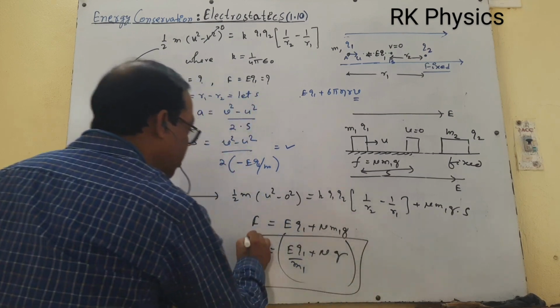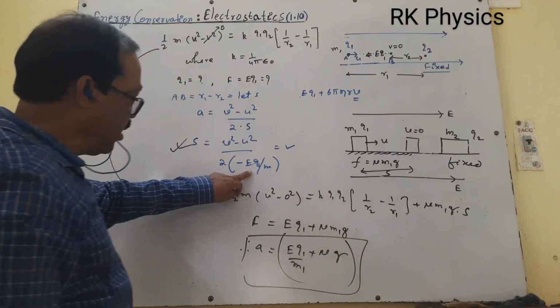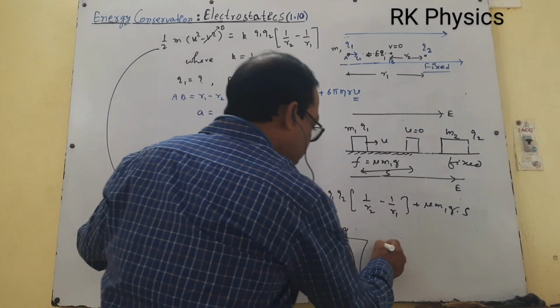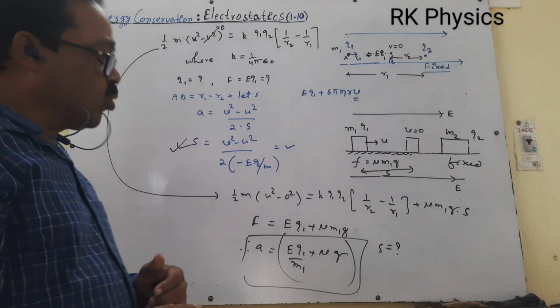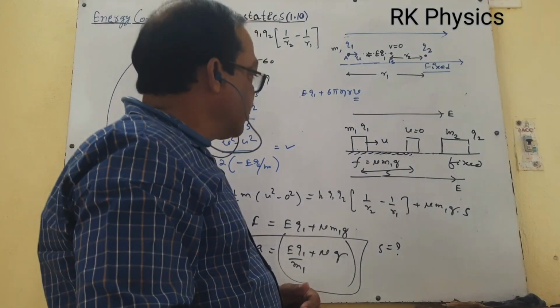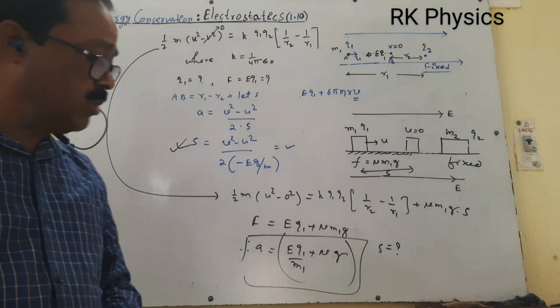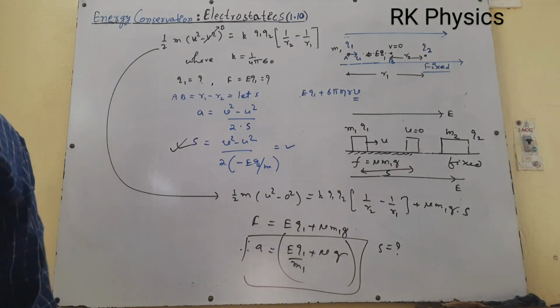This is your acceleration. If you put the value of acceleration here, you can find the displacement traveled against the electrostatic force and the time taken to cover that distance. Okay.